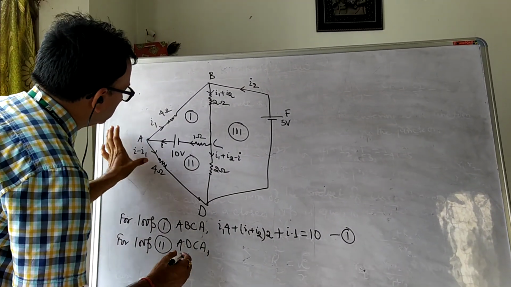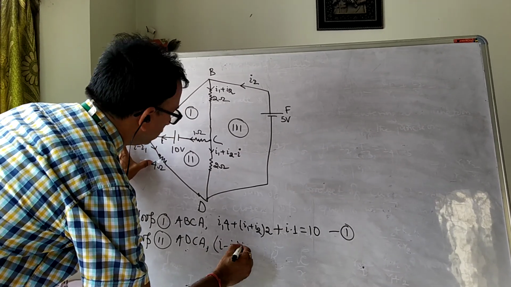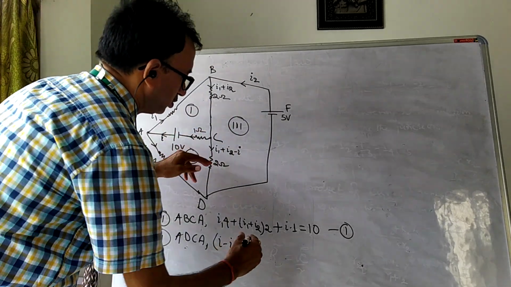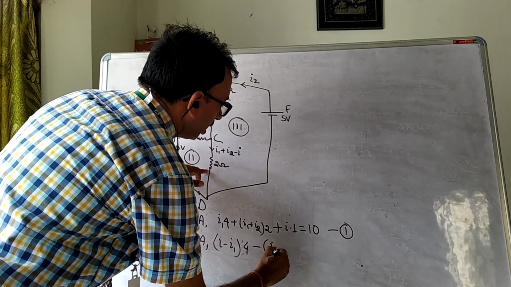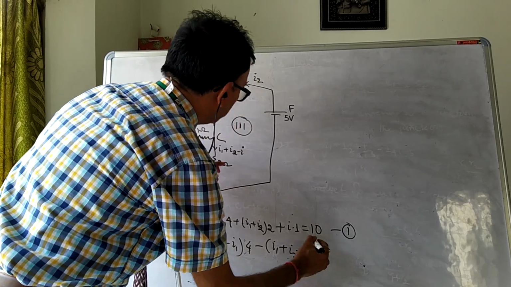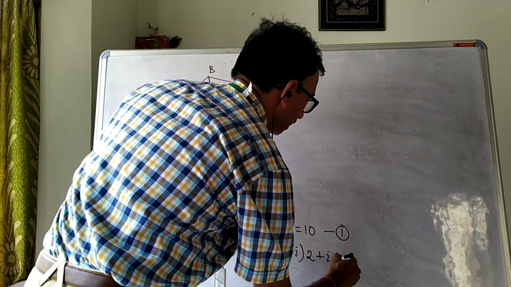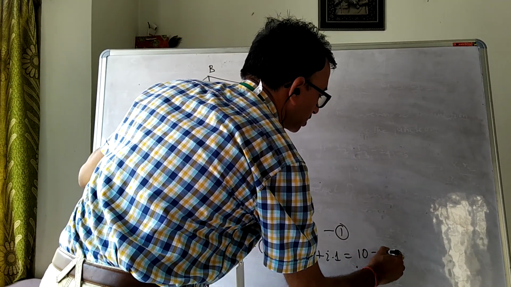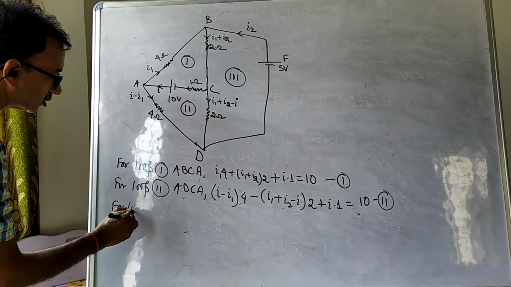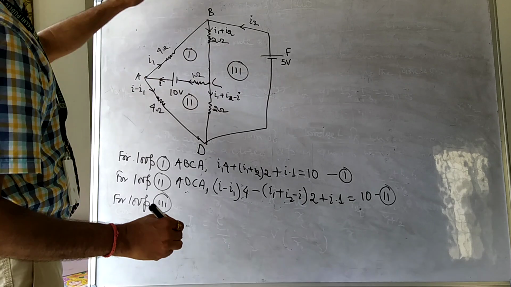So, this is I minus I1 into 4. This is coming from this way and it is opposite. So minus I1 plus I2 minus I into 2 plus I into 1 equals 10. Equation 2.